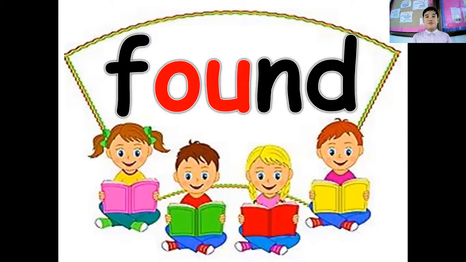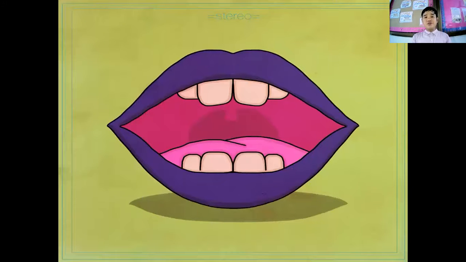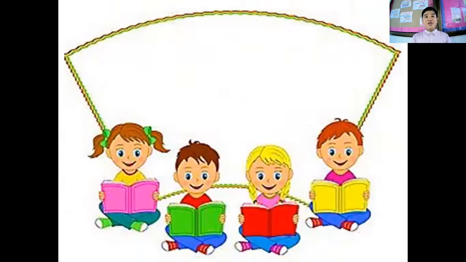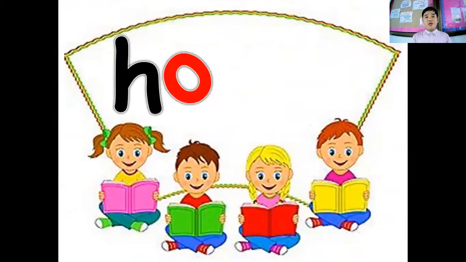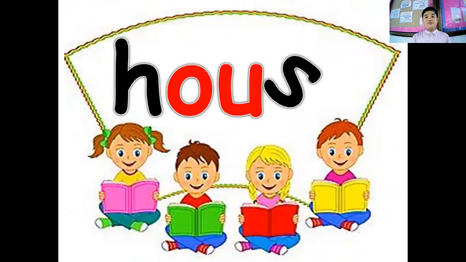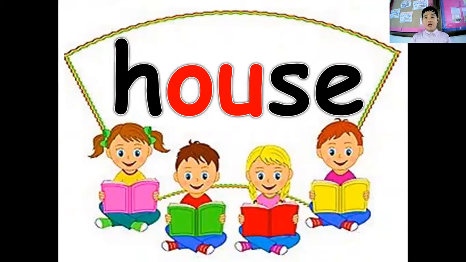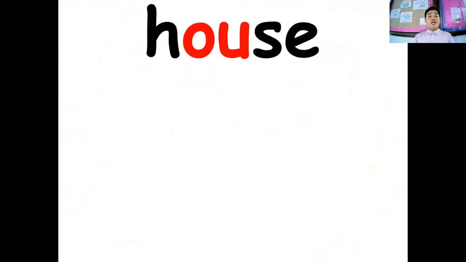Very good. All right. Let's investigate how to read and speak properly the ow sound. Say for example, number one, we have house. Everybody say house. That's right. Now, let us read one by one. House starts with letter H, and then the ow, and then the SE.